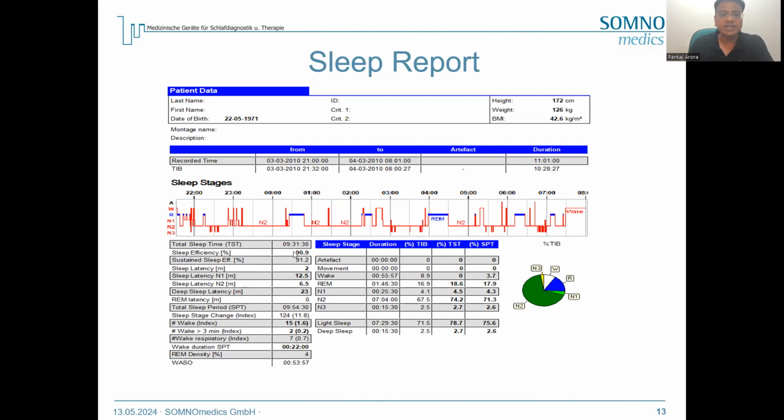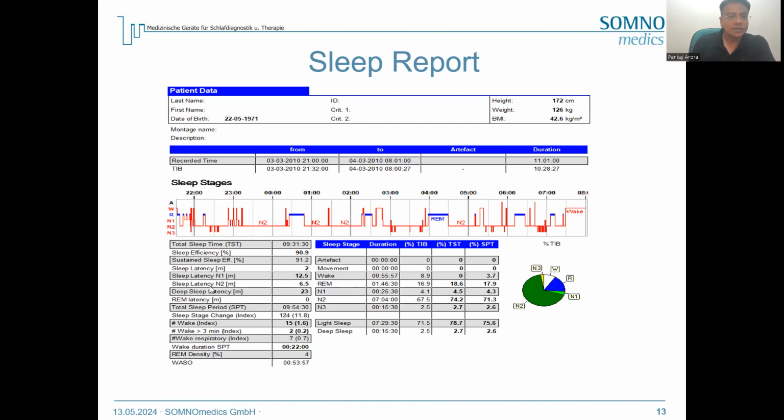Sustained sleep efficiency will be higher because in this case, 571 minutes over 628 minus 2 is 626. The sustained sleep efficiency is higher because you need to subtract the sleep latency from the total time in bed.